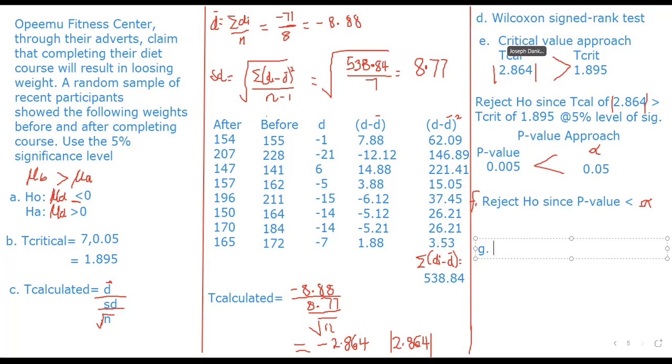Since H0 is rejected, because H0 was participants did not lose weight, and HA is participants lost weight, at 5% significance level.